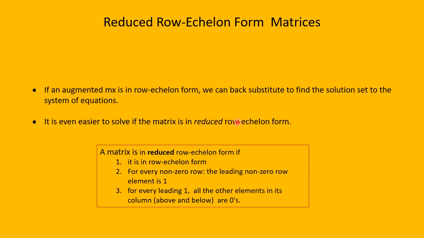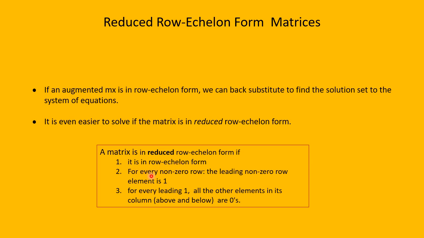We'll say that a matrix is in reduced row echelon form if it satisfies three properties. First of all, it's in row echelon form. That means that as you go from one row down to the next, the leading non-zero entry, the leftmost non-zero entry, goes down towards the right.